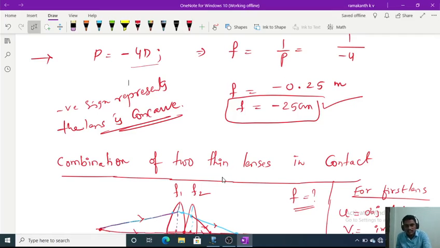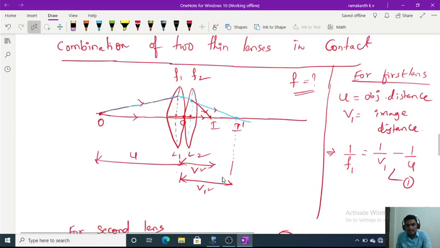Now take two thin lenses in contact. If two thin lenses of focal lengths f1 and f2 are in contact, we need to find the expression for the combined focal length. Let f be the combined focal length, and f1 and f2 the individual focal lengths. An object is placed on the principal axis, and the image of that object will be observed on the other side.